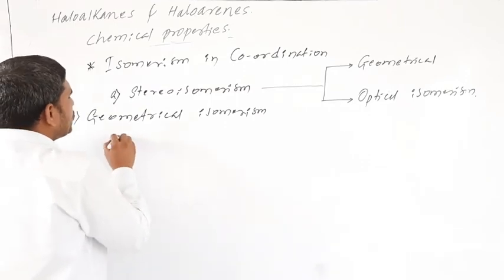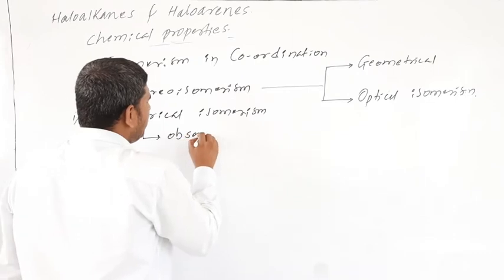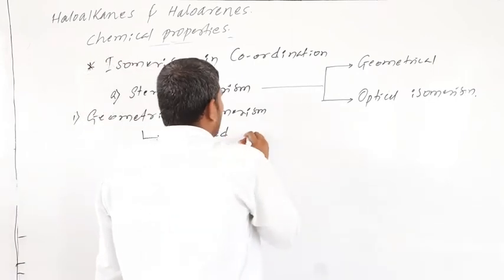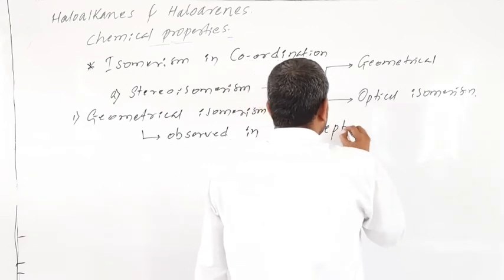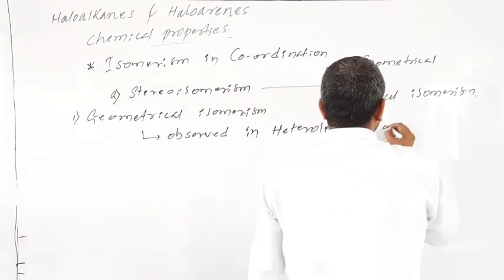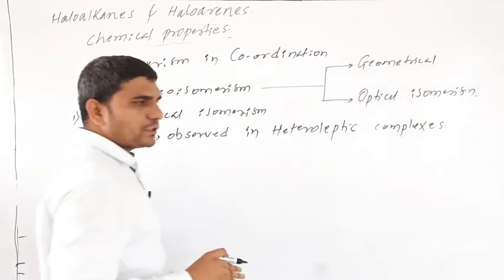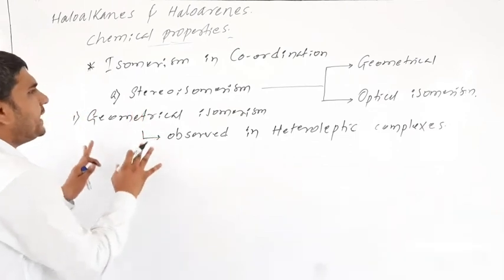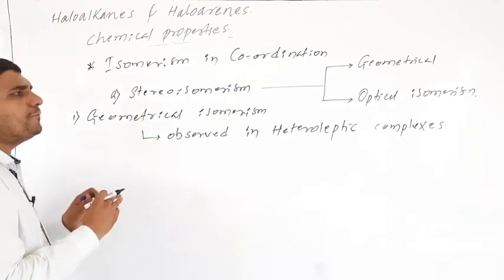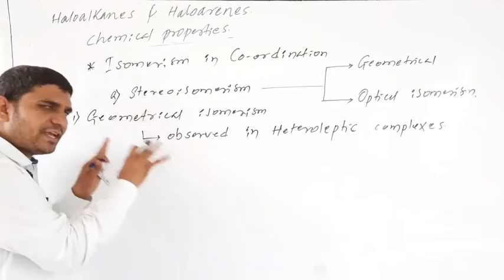This type of isomerism is observed in heteroleptic complexes. It is observed in what? Heteroleptic complexes. This geometrical isomerism arises because of change in spatial arrangement of atoms or groups around the central atom.